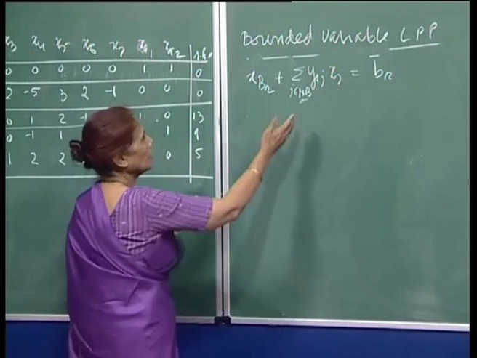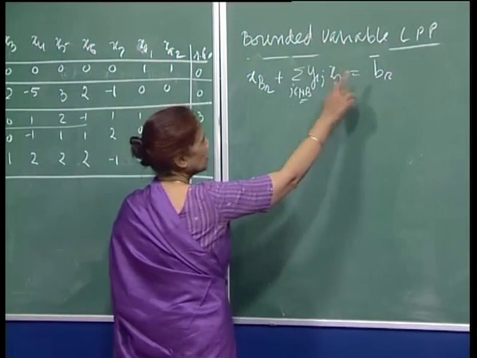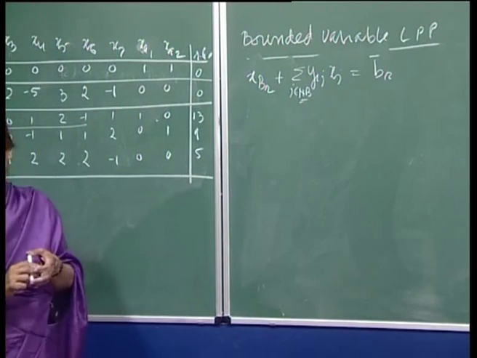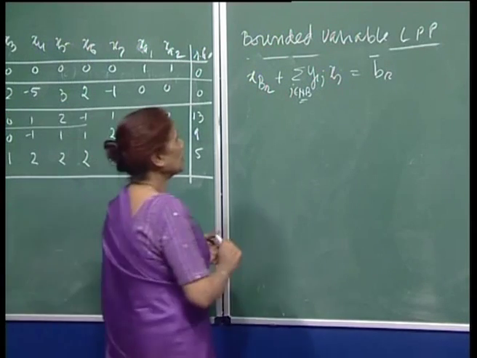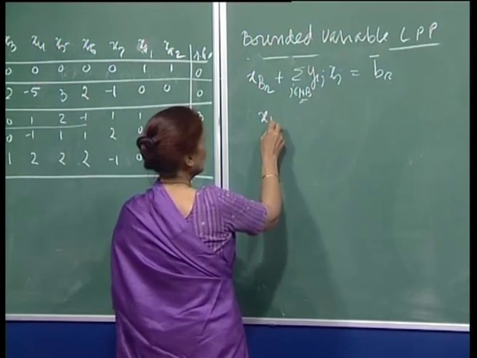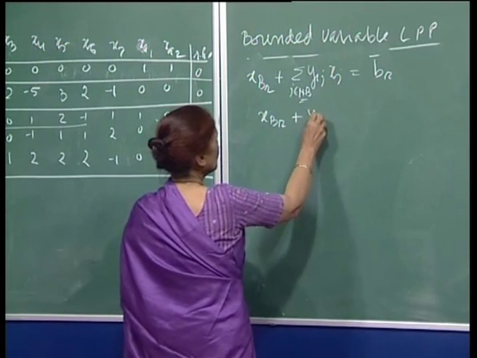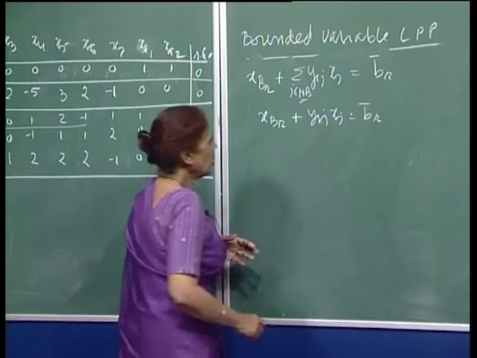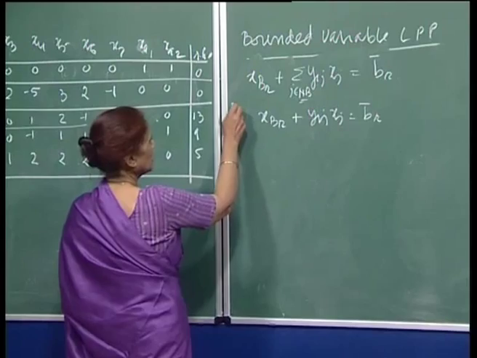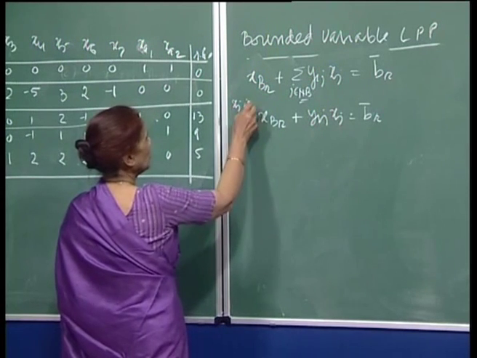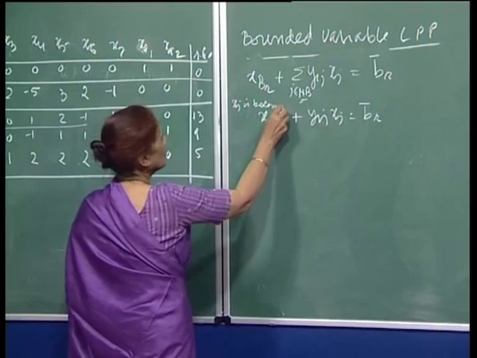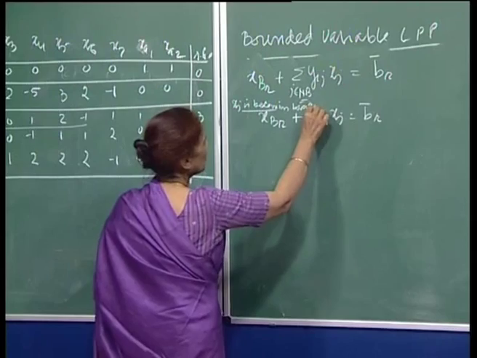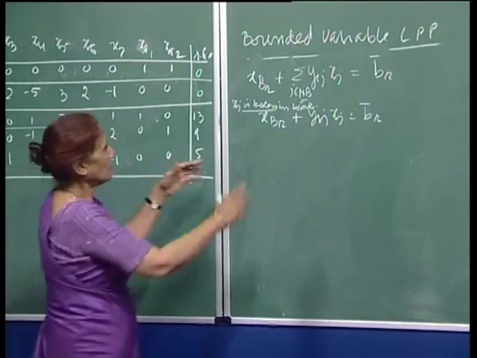Currently all non-basic variables are 0. So, xbr is equal to br bar, but now suppose we want to introduce xj into the basis. In that case it will be xbr plus yrj xj is equal to br bar. So, how does this change? When xj is becoming a basic variable, the others are all zeros.